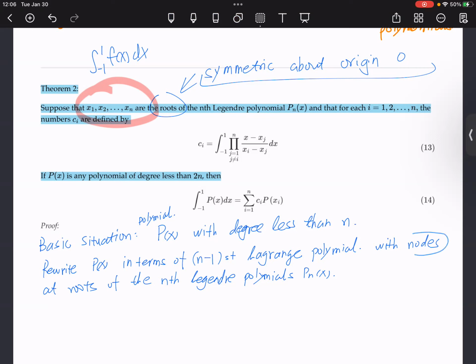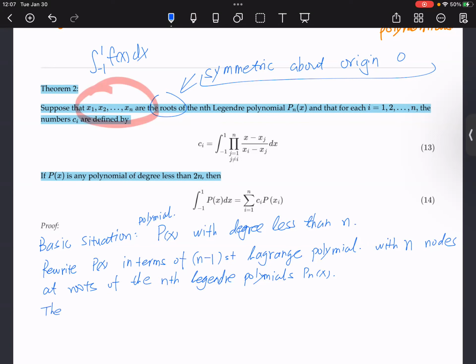So we have n nodal points from the Legendre polynomial, and then we do the Lagrange interpolation among these n nodal points.